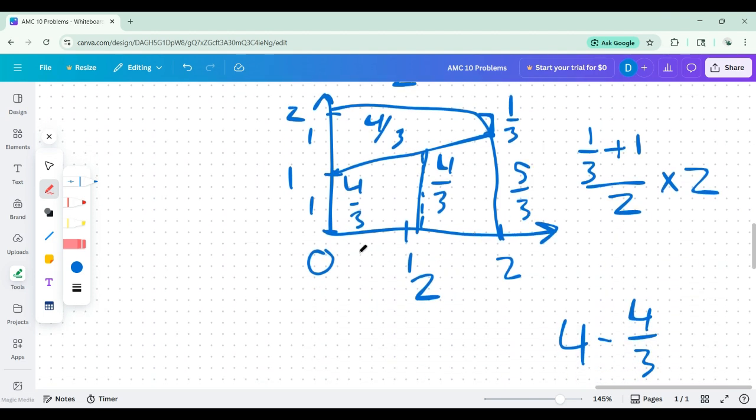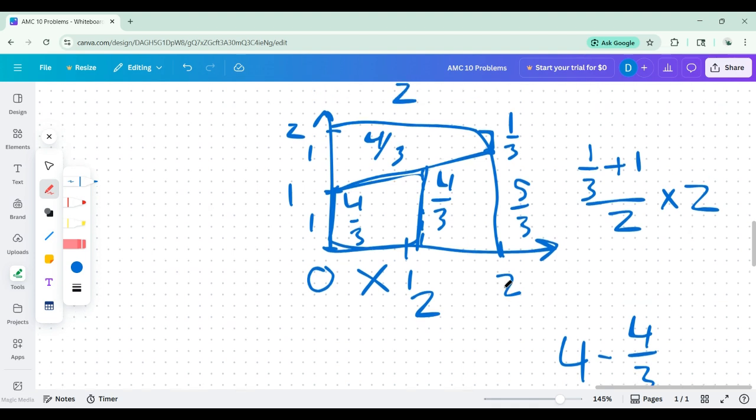So if we set the height of this trapezoid, as you see the bottom left trapezoid, as x, then we know that the remaining height of the bottom right trapezoid is now 2 minus x, because the entire length is 2.